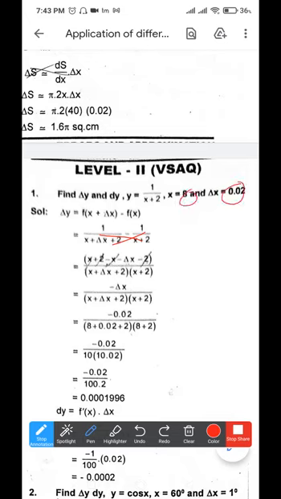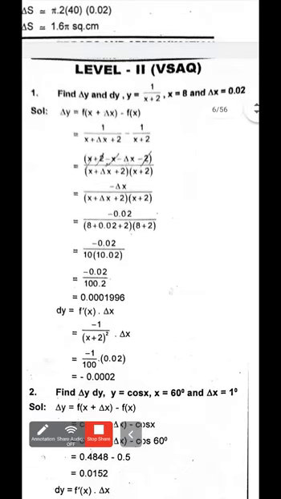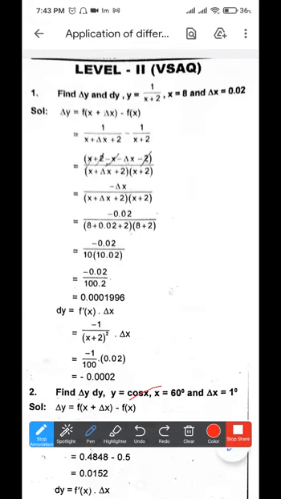Substitute the values here, simplify, and you will get the final answer of delta y. After getting the value of delta y, we will find dy. Dy is equal to f dash of x into delta x. So f dash of x will be the differentiation of 1 by x, which is minus 1 by x square, and delta x.